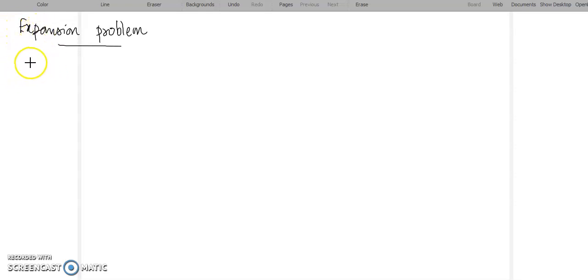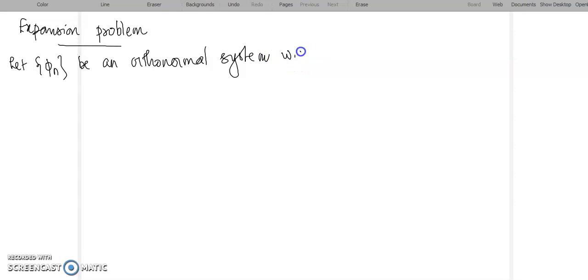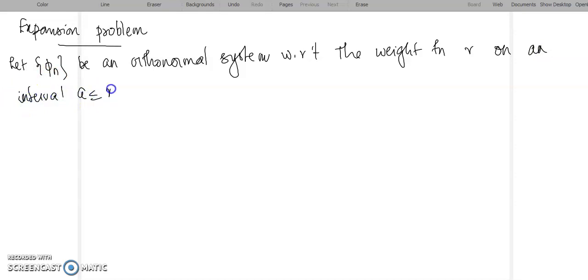Suppose you are given a set phi n, an orthonormal system with respect to the weight function r on an interval a less than or equal to x less than or equal to b.